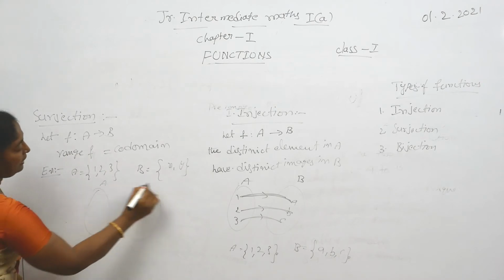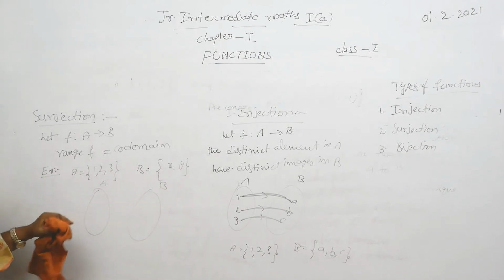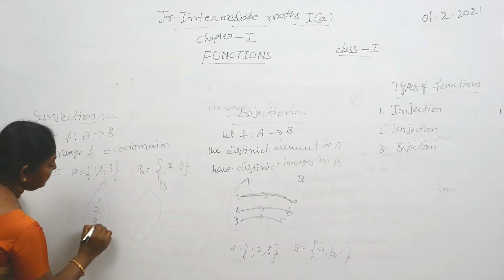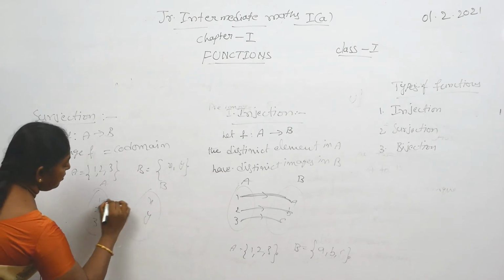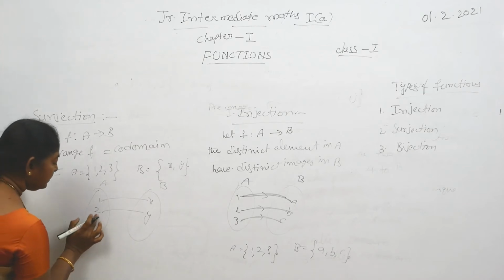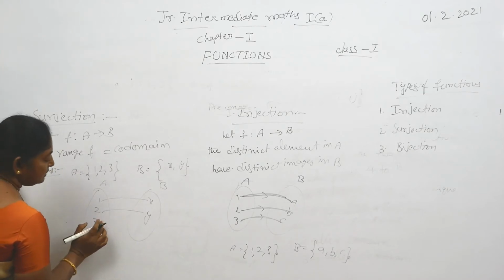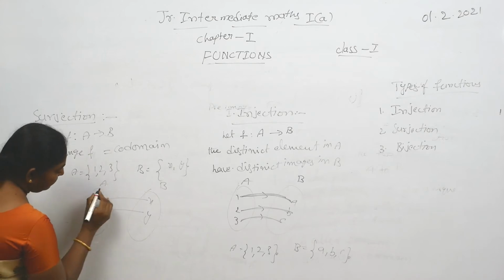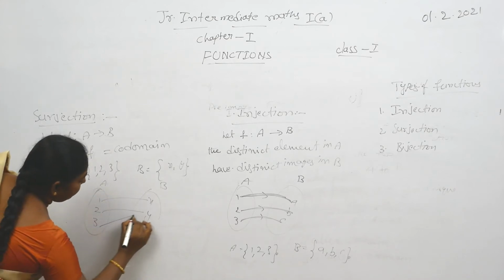Suppose 3 has no mapping, then it should not be a function. So one more mapping is there.